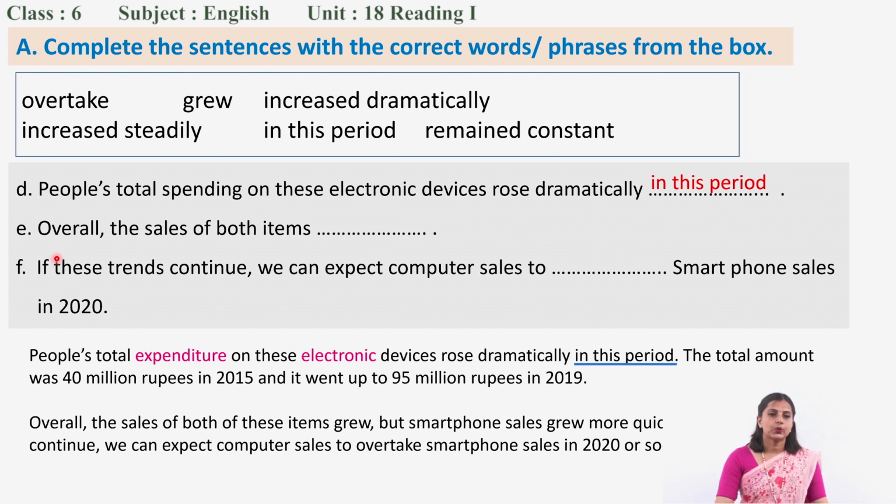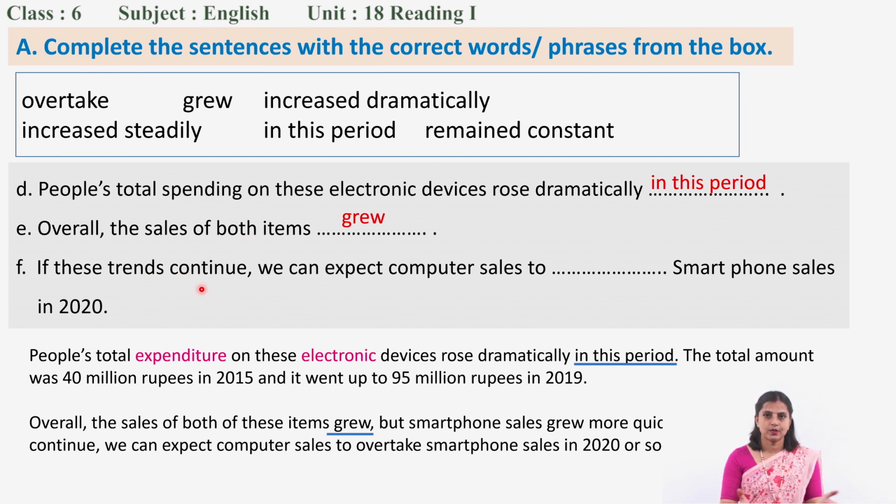Next one is: overall, the sales of both items, what? Where is the answer? Tell me. Yes, very good. Grew, isn't it? Overall, the sales of both items grew. The last one is: if these trends continue.